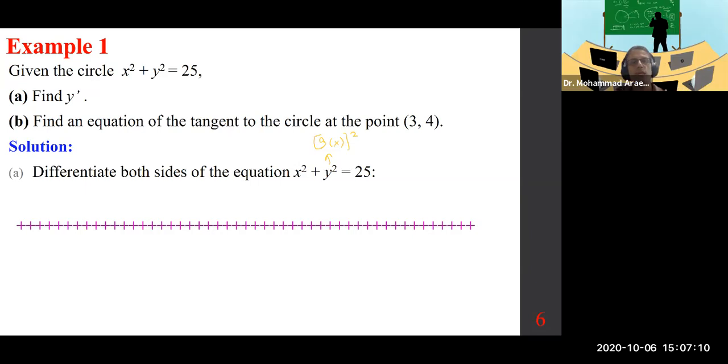So I want to make sure we understand what's happening. When we differentiate g of x squared, we get 2g of x times g prime of x. So it's the same thing. y squared gives us 2y times y prime, or dy/dx. And of course, the number on the right is 0. So let's quickly recap.